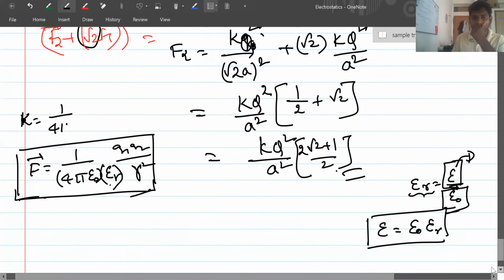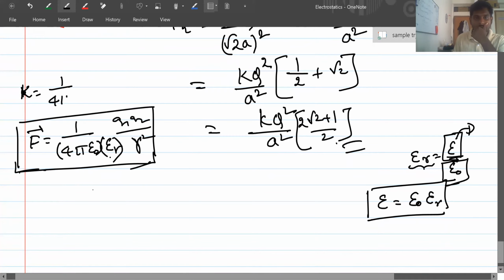Going forward, this force is equal to, and the quality point I'm trying to say, I replaced this epsilon with epsilon naught epsilon r. Did you understand here? But one point to remember: if someone asks you a question of this sort, what is the force?